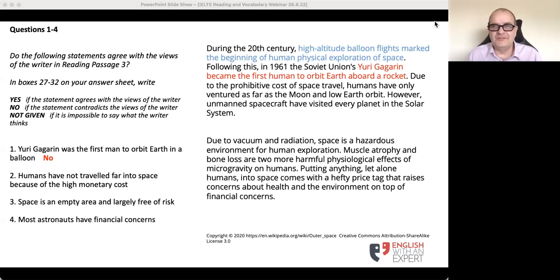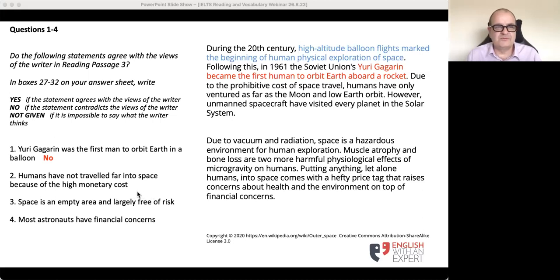So I just have to move things on my screen so I can see the reading here. So it says high altitude balloon flights marked the beginning of human physical exploration of space. But that was just the beginning. The first man to orbit, which means to go all around the Earth, was Yuri Gagarin, and he did it in a rocket, not in a balloon. Okay, good.